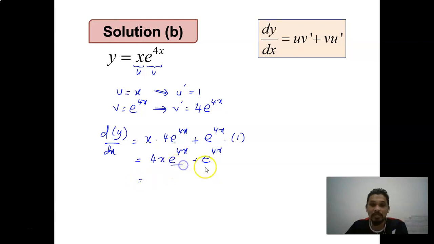Since we have e to the power of 4x in both terms, we factorize it out, e to the power of 4x multiplied with (4x plus 1).